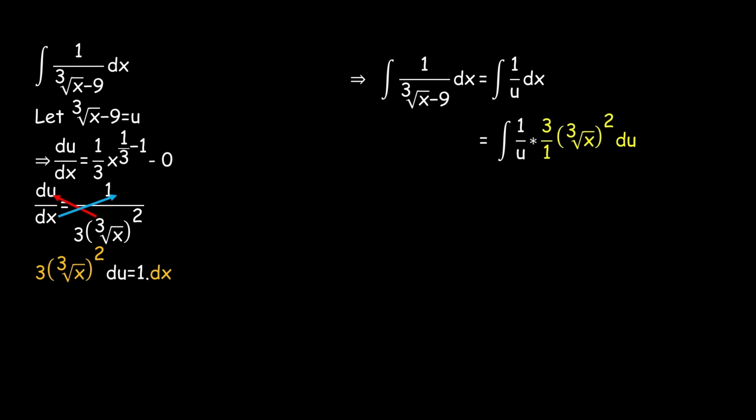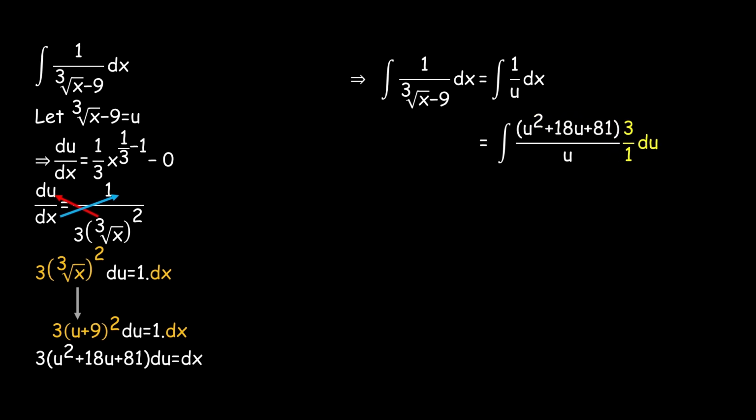We substitute that into our formula, but then we still have x, so we need to get rid of the x so that everything is a variable of u. In this case, we'll make the cube root of x the subject of the formula, and it's going to be u plus 9. When we substitute that, we're going to have 3 times u plus 9 all squared. Expand the bracket using binomial expansion, and then substitute that back into our equation.